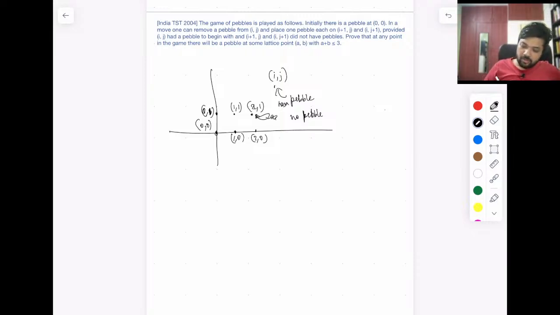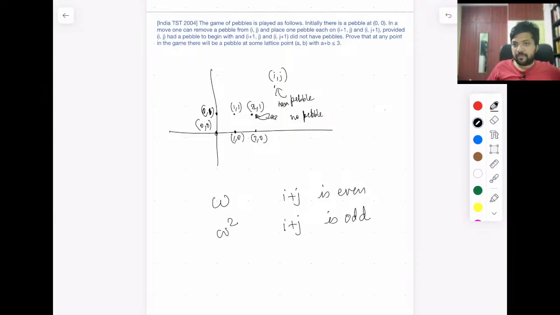Okay. So I think he said something like assign omega to i, j. I guess he said assign omega to i, j if i plus j is even, and if i plus j is odd, you put omega square, I think. This is the assignment, Lauren.